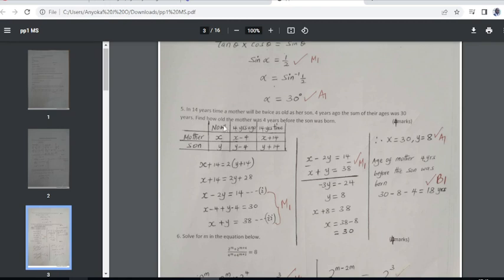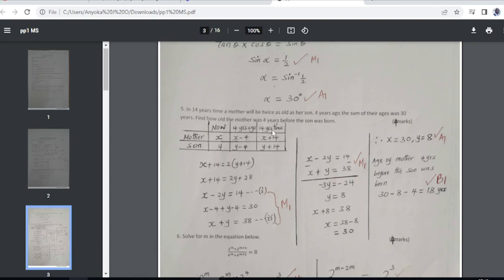Then you go to another section. In 14 years' time, a mother would be twice as old as her son. So the age of the mother is 2 times the age of the son in 14 years' time.